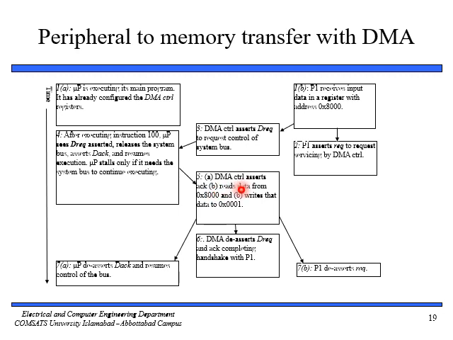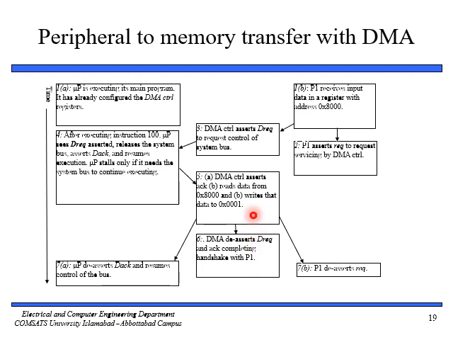In 5, DMA control asserts ACK. So DMA control will assert ACK, read data from this location and write data to this location. So now we are reading the data from 8000 and writing the data at 0001. Whereas in 6, DMA deasserts DREQ and ACK, completing the handshake with P1.